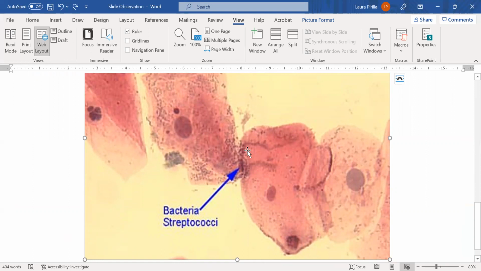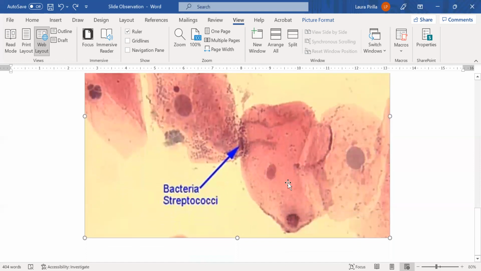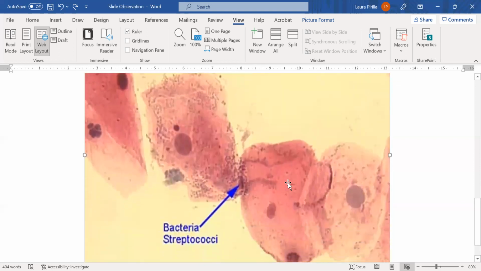So you're not going to see bacteria too well without the oil immersion lens. These large pink blobs with the dark centers in them, those are cells from the inside of someone's cheek.